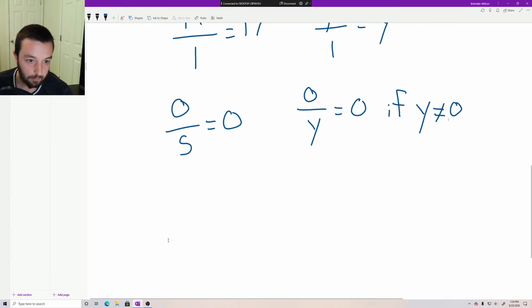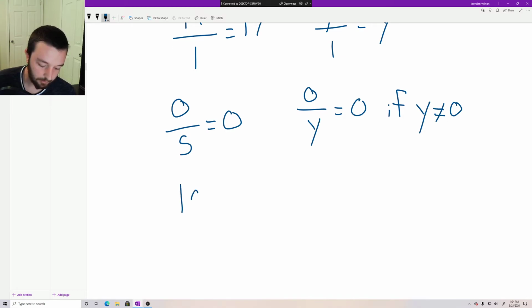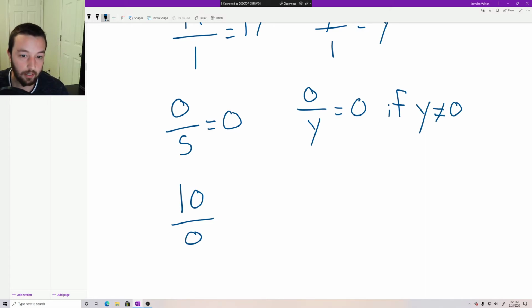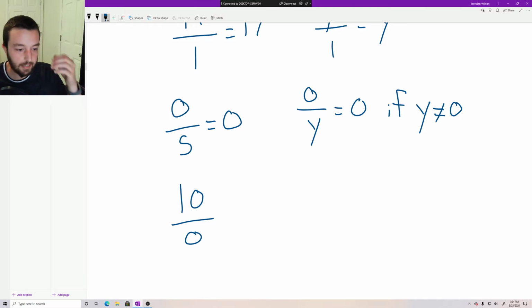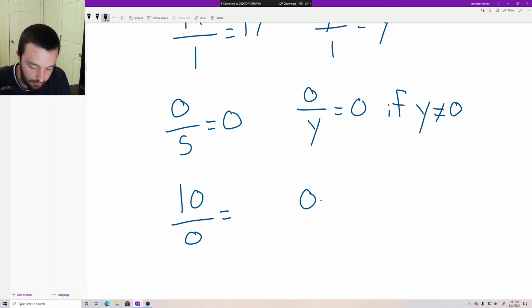I'll explain that in a second. First, let's think about why dividing by 0 makes things complicated. Well, if we're doing 10 divided by 0, we're asking ourselves, 0 times what equals 10?